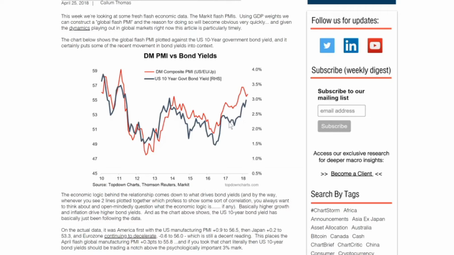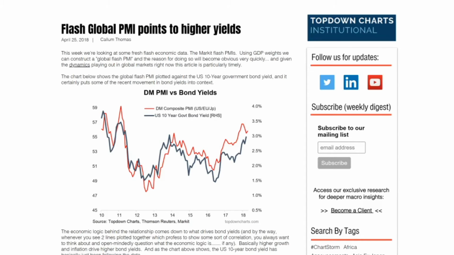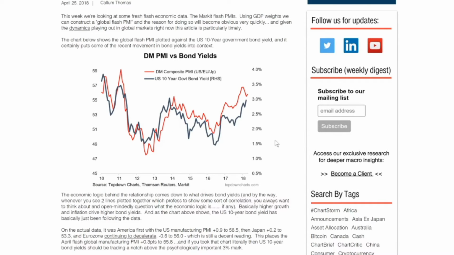And there seems to be this embedded doubt throughout this, where it's taken a while for the 10-year bond yield to actually catch up to that. But as I noted in this article here, the flash global PMI points to higher bond yields. So we've got this solid global growth inflation outlook.